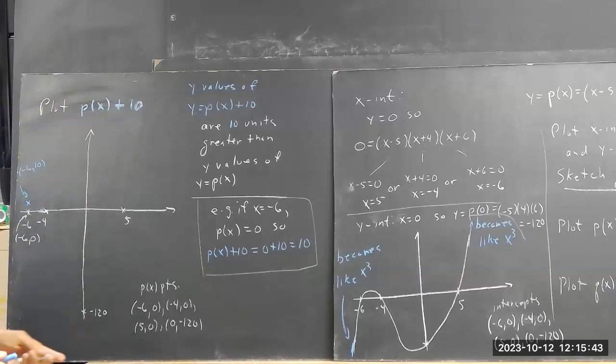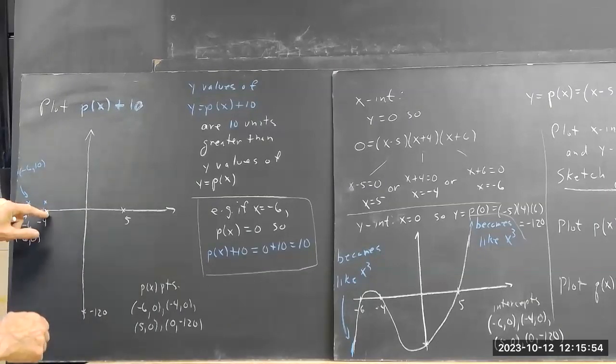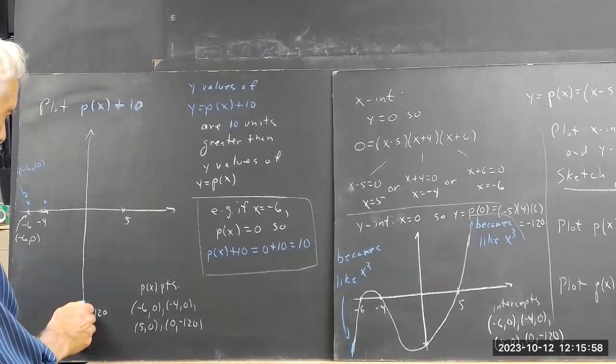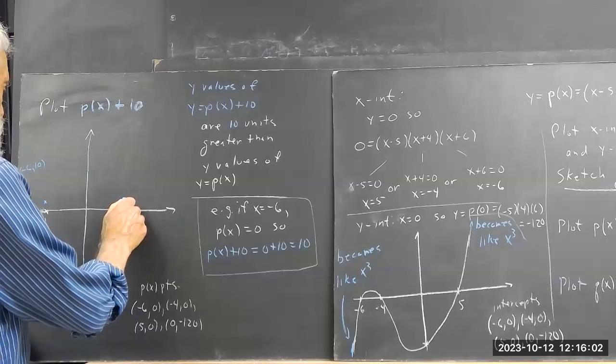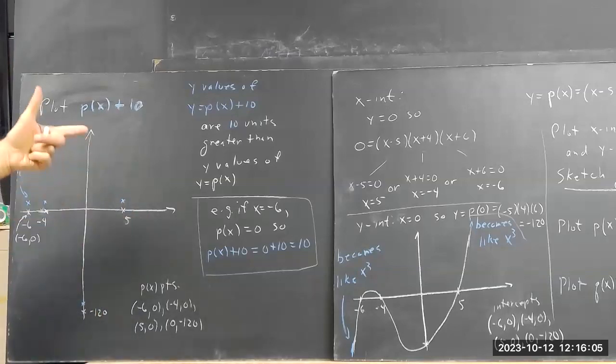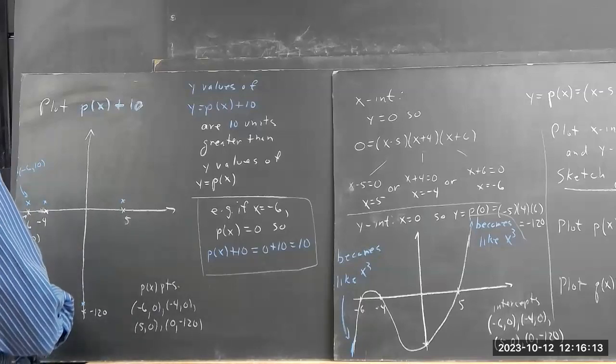And it's going to be the same thing. Somebody's already drawn it out. They went a little too high because of the negative 120, but if we make 10 smaller, okay, we're going to have a point 10 units higher than this one, then a point 10 units higher than this one, and a point 10 units higher than this one. Every point is going to go 10 units higher. Okay? So now we can sketch our graph of P of X plus 10.